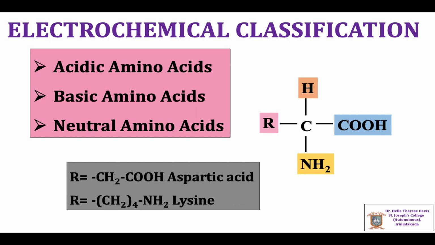Aspartic acid is an example for acidic amino acid. In aspartic acid, the R group is CH2COOH, so that the amino acid has an extra COOH group. Lysine is an example for basic amino acid. It has an extra NH2 group. The R group of lysine is (CH2)4NH2.